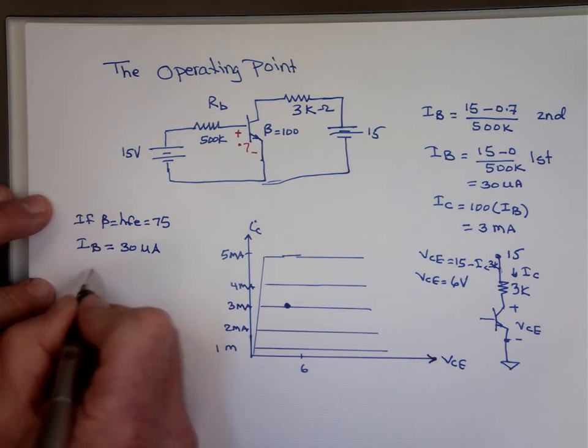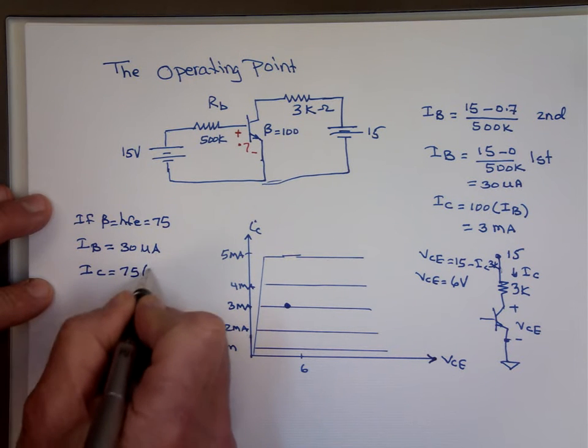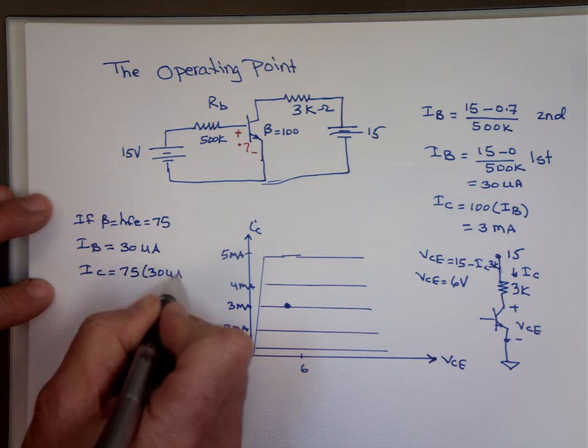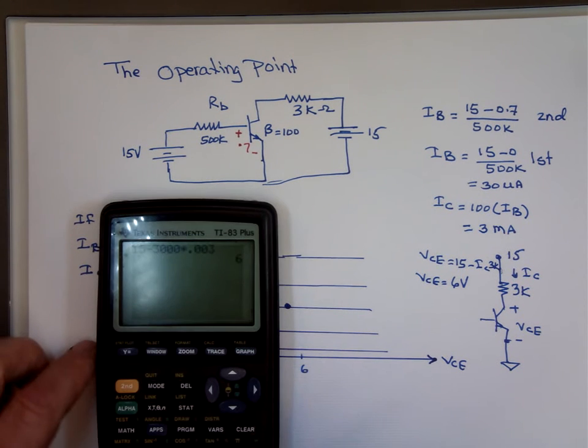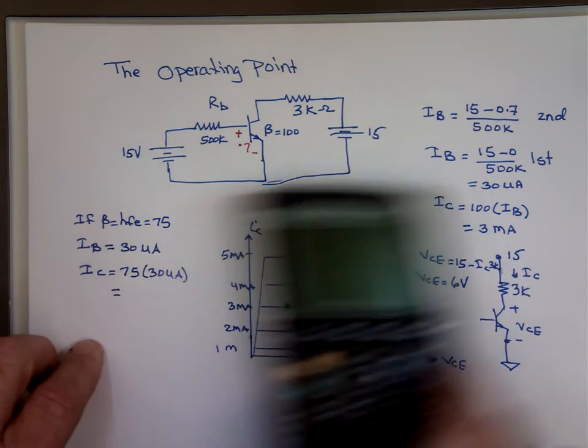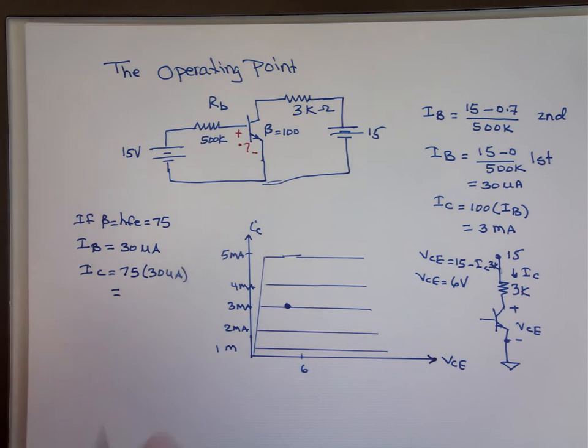But now I sub C is going to be 75 times 30 microamp. 75 times 30 e to the negative 6 is 2.25 milliamp.